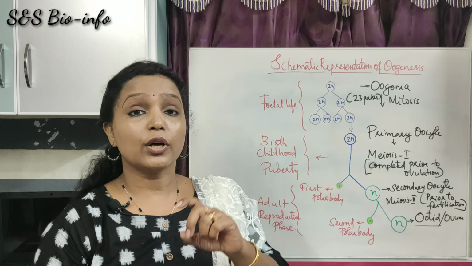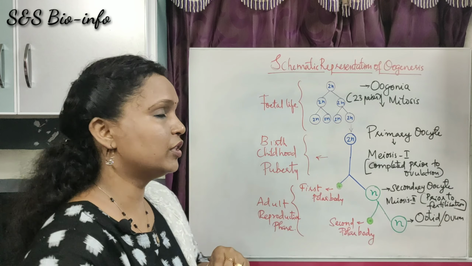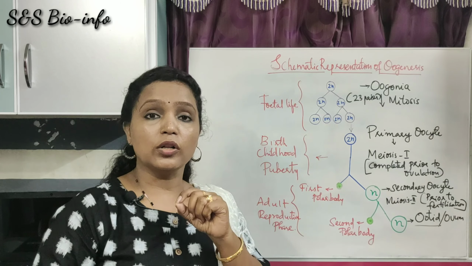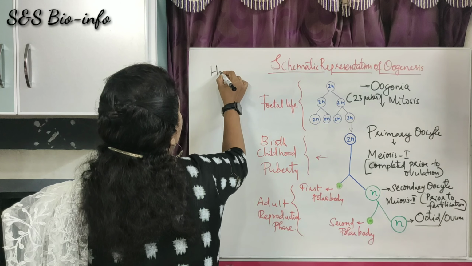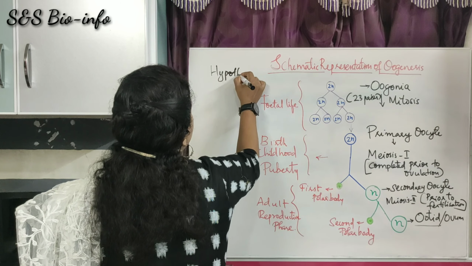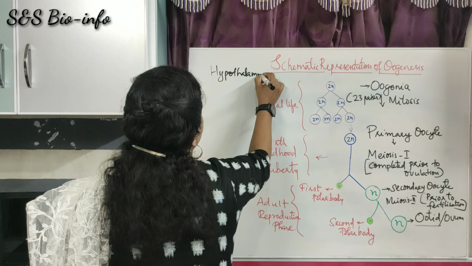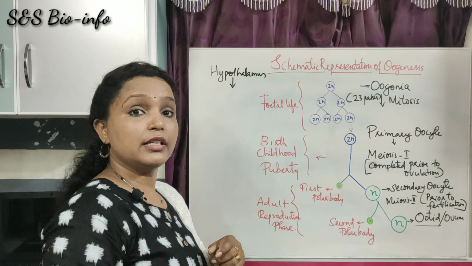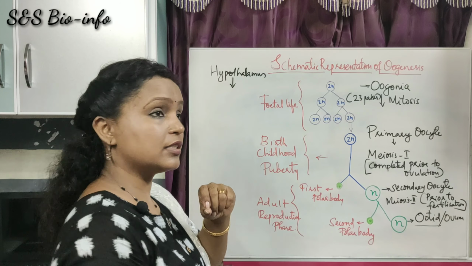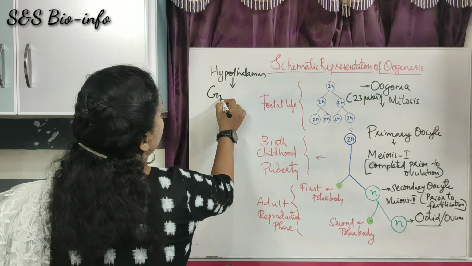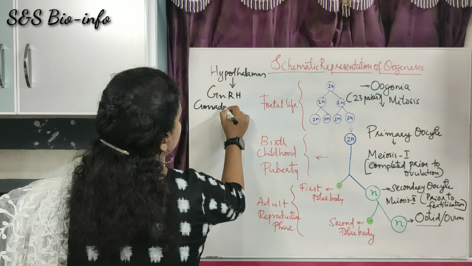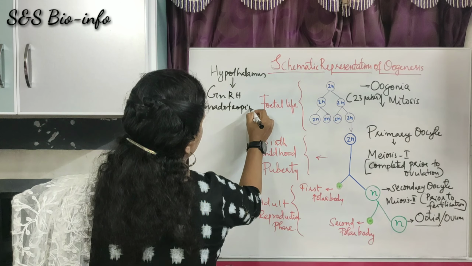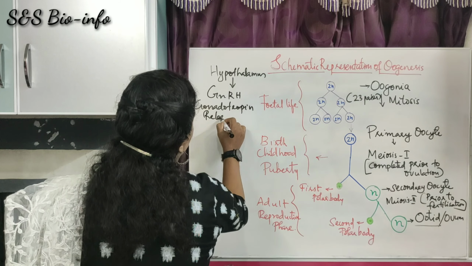Now let's understand the hormonal control of oogenesis. It is also initiated by the hypothalamus. The hypothalamus releases gonadotropin releasing hormone, that is GnRH.